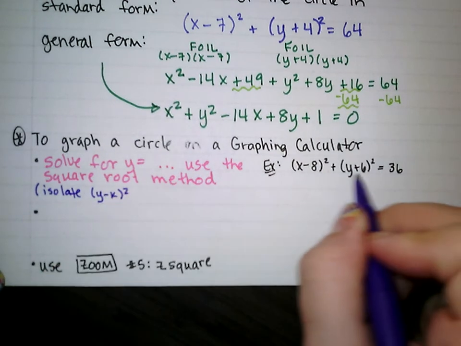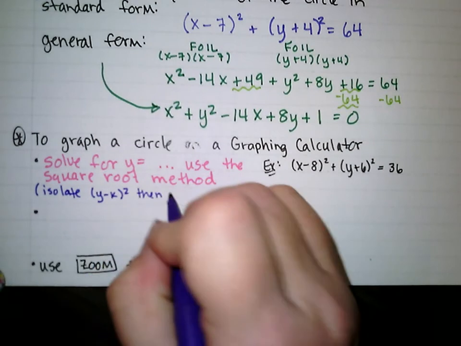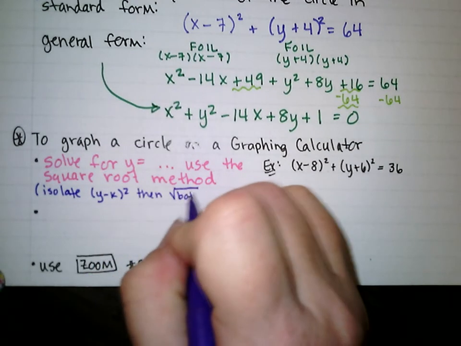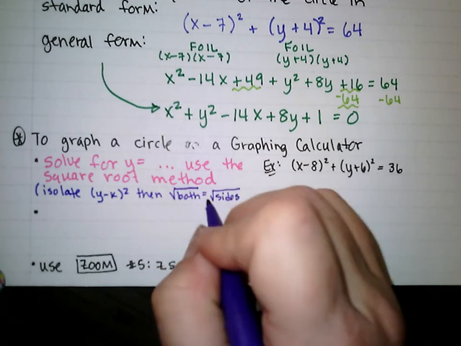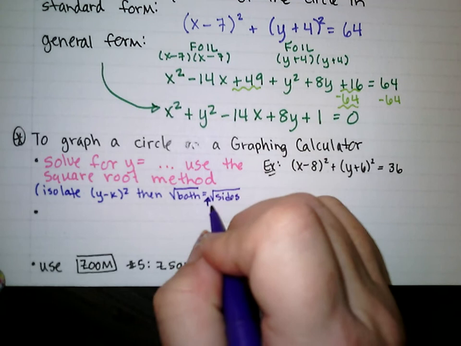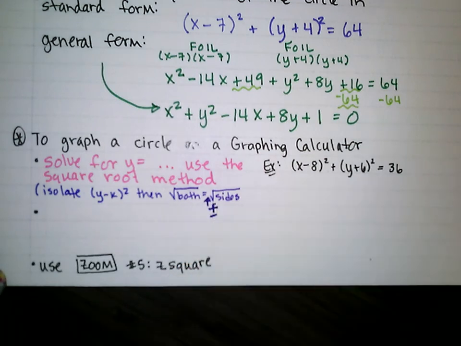So we're going to isolate the y plus 6 squared in this one. Then you're going to square root both sides. And we're going to remember on the number side to use the plus or minus.